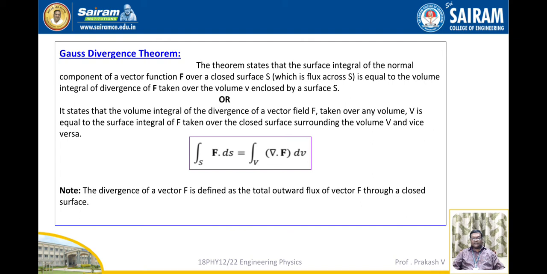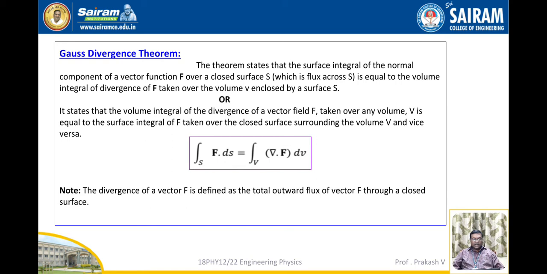The theorem states that the surface integral of the normal component of a vector function F over a closed surface S is equal to the volume integral of divergence of F taken over the volume V enclosed by the surface S. Or it states that the volume integral of the divergence of a vector field F taken over any volume V is equal to the surface integral of F taken over the closed surface surrounding the volume V and vice versa.